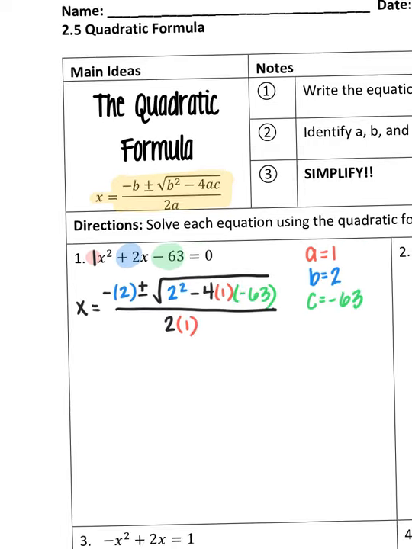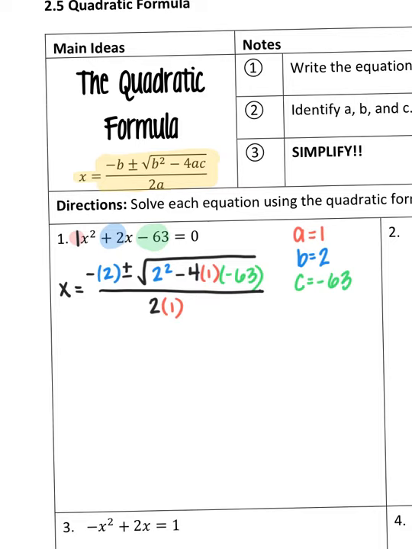Okay? So we get x equals negative 2 plus or minus the square root of 2 squared is 4, and negative 4 times 1 times negative 63 is positive, so we get plus 252, all over 2 times 1, which is just 2.